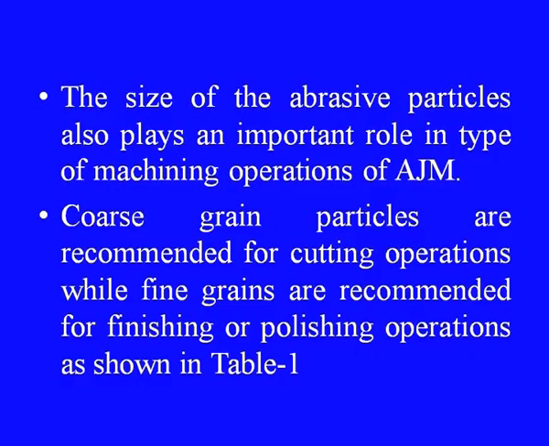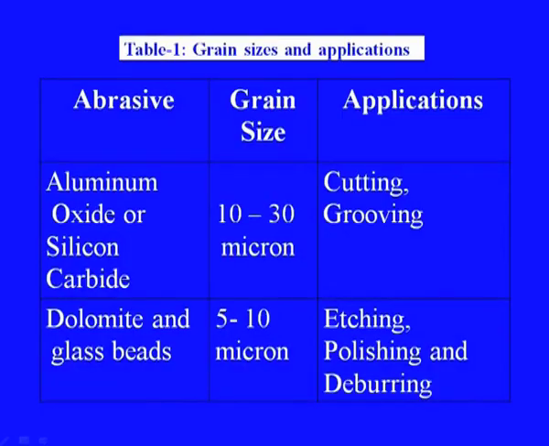The size of the abrasive particles also plays an important role in the type of machining operations in abrasive jet machining. Coarse grain particles are recommended for cutting operations, while fine grains are recommended for finishing or polishing operations. Here the grain sizes and the materials are shown according to the applications.